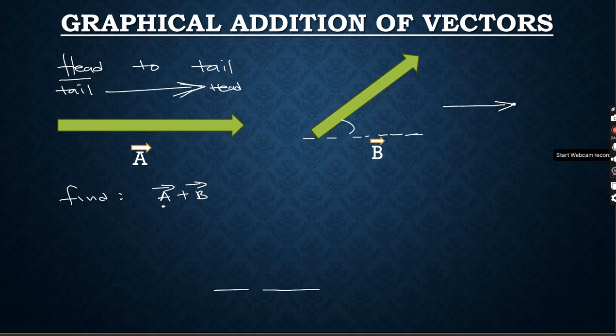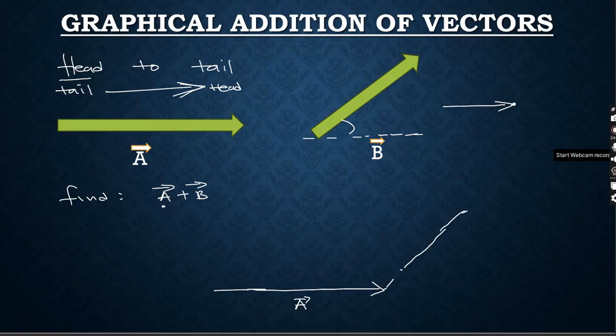We draw A the way it is, and we name it vector A. Now we draw B, but B is going to start from where vector A is ending, from the head of vector A.